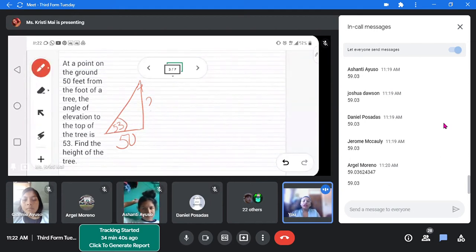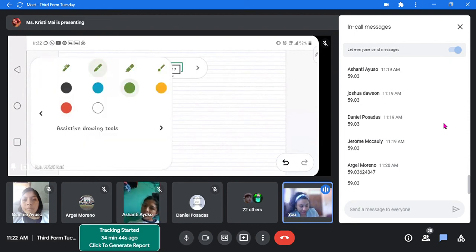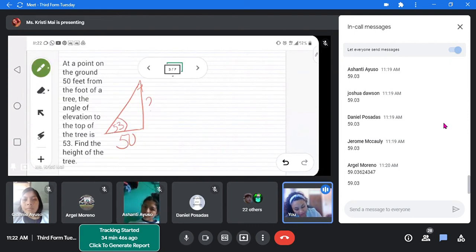So I'm going to continue with labeling. I want to label my triangle. So now based on the 53, 53 is going to be my theta. So 50 is right beside it, and I have the adjacent, I have the hypotenuse, and I have opposite. I am looking for the opposite, but they give me the adjacent.